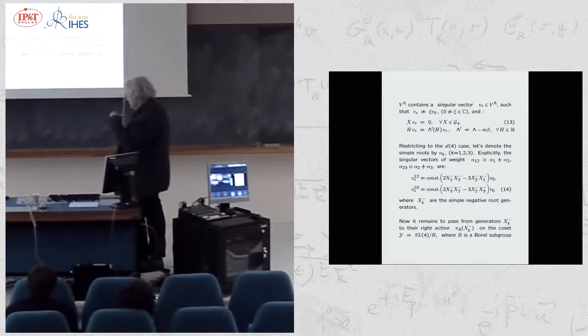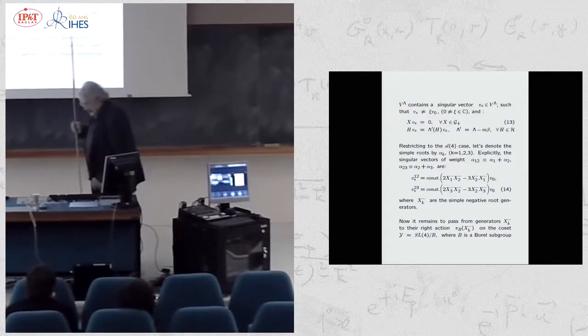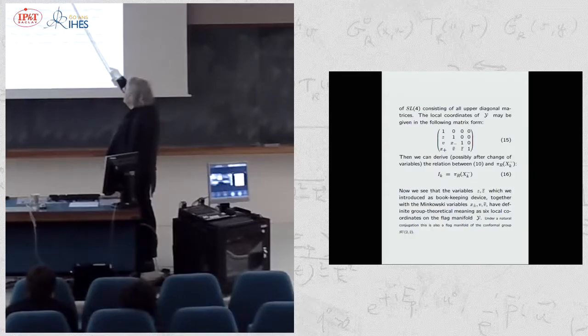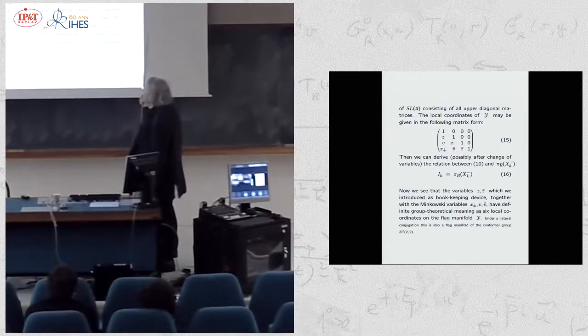In order to put it even more explicit, you have to pass from generators to the right action on the coset SL4 over B, where B is a Borel subgroup, and this coset has local coordinates which are just these coordinates which I introduced on the way. You see the four Minkowski coordinates, and the Z and Z bar are also here.